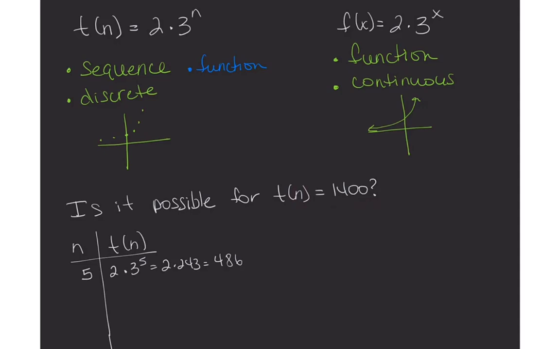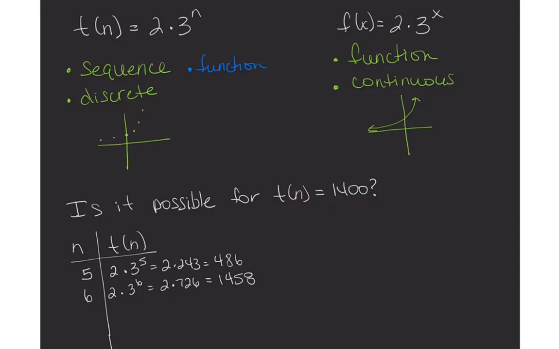What do you guys want to try? 6? Okay, we'll try 6. So 2 times 3 to the 6th is going to be 2 times 729, and when I multiply that, I get 1,458.